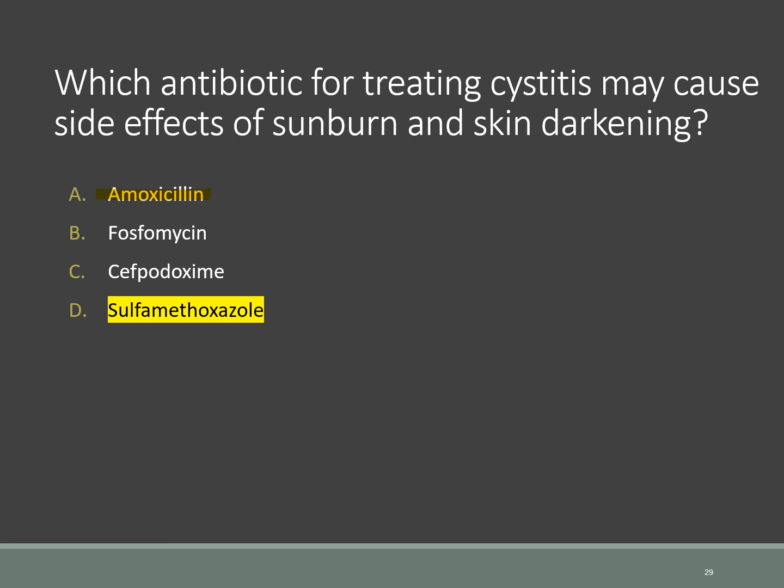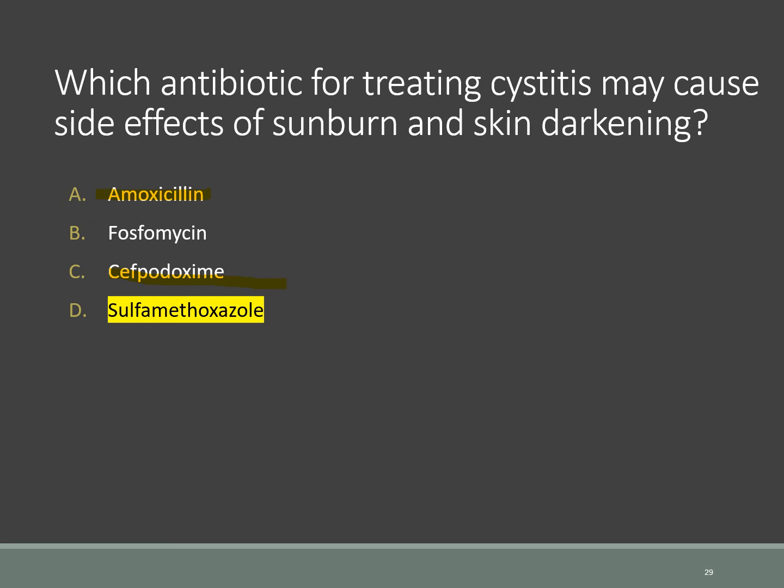Fosfomycin reduces the incidence of cystitis, but it has the side effect of dizziness and vaginal itching. This one down here, cephalosporin. This is a cephalosporin that is likely to lead to rashes rather than skin darkening in a patient, especially if they have an allergy to penicillin.